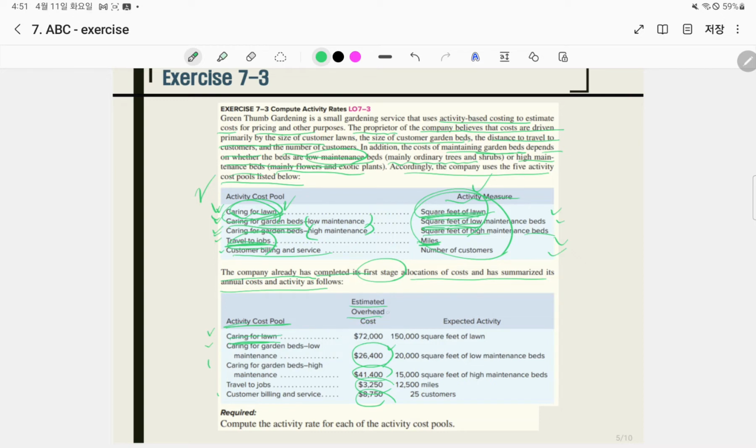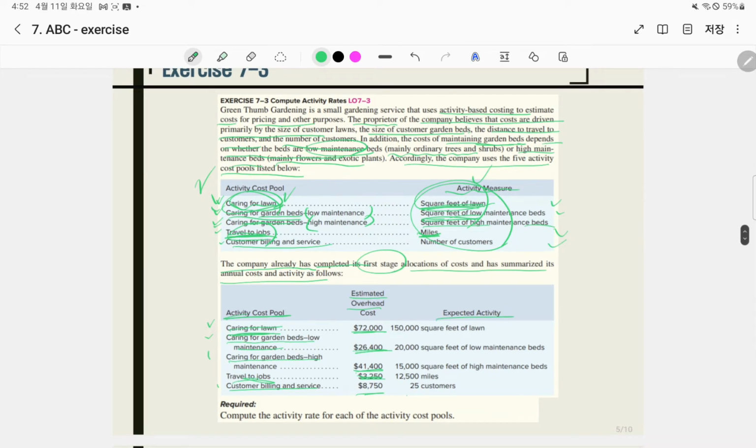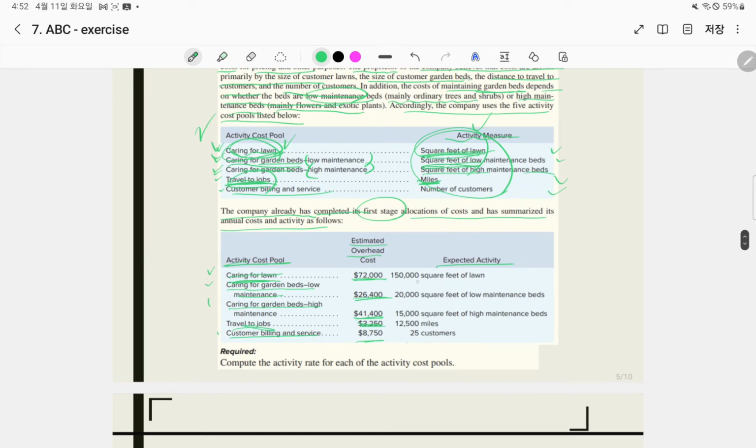Caring for lawn assigned with 72,000, caring for garden beds with low maintenance 26,400, caring for garden beds with high maintenance 41,400, travel to jobs 3,250, and customer billing and service activity 8,750. And here the expected activity levels are provided: 150,000 square feet of lawn in total, okay?